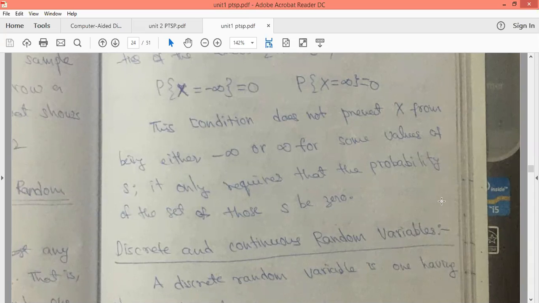That is our second property. The third property is that we don't have any event with X equal to minus infinity or infinity. So the probability of X equal to minus infinity is 0, and the probability of X equal to infinity is also 0.